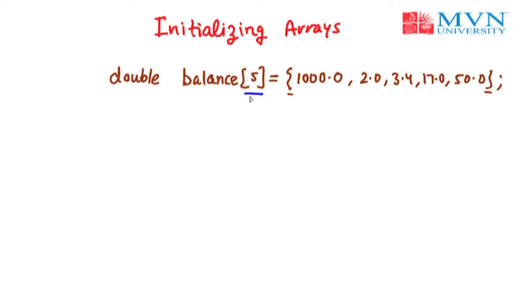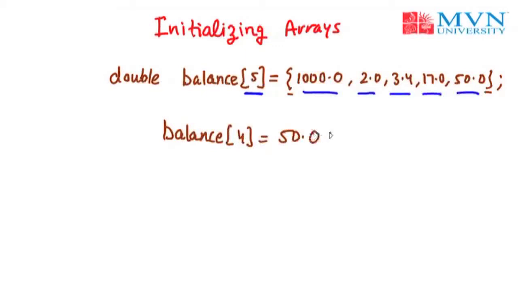Means if the size of the array is 5, then we can specify here only 5 values. We can assign a value to a single element of an array using the form balance[4] = 50.0.